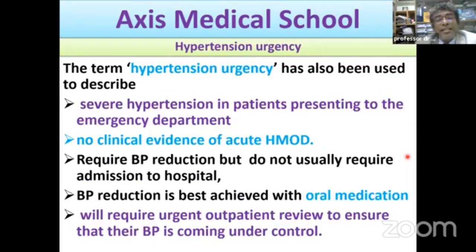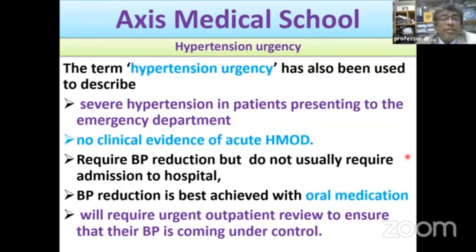And another terminology, besides hypertensive emergency, is hypertensive urgency. In case of hypertensive urgency, we may get a patient with stage 3 hypertension, but this patient usually has no target organ damage.